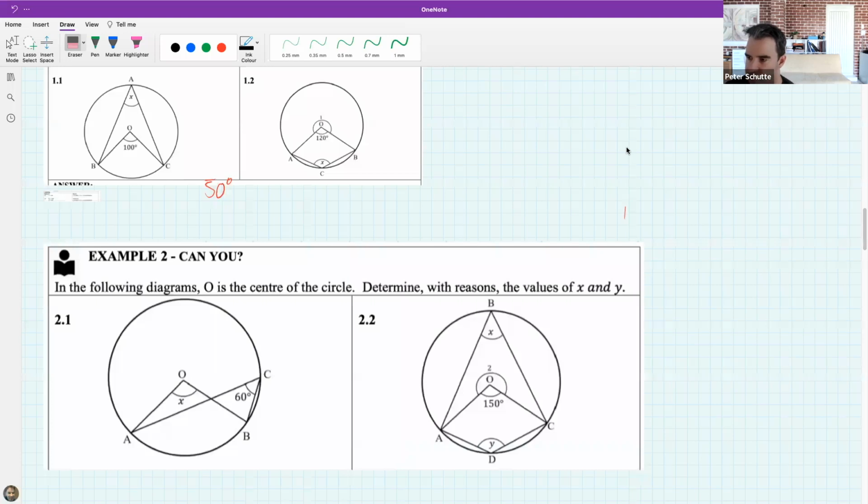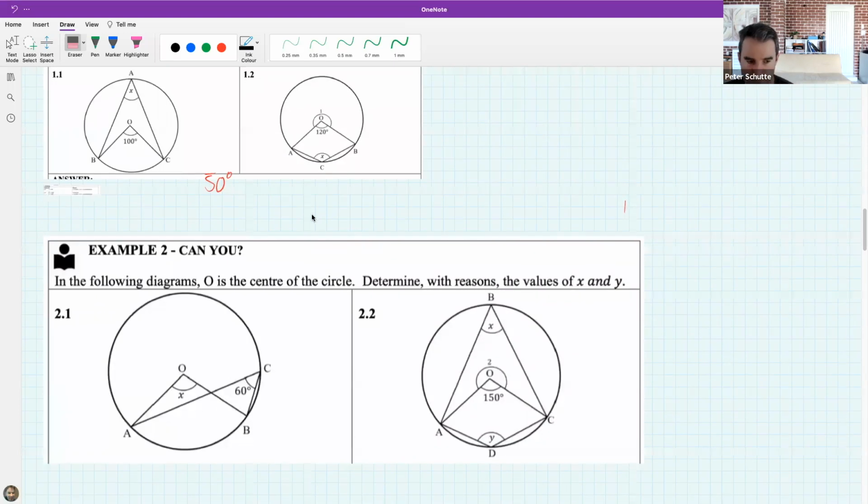So pop your answers in the chat, or actually, you know what? Someone can come online and tell me how to do 2.1 when you feel ready, but only when you feel ready. Who else is willing to share their thinking for X? Don't worry, Sylvia, that's completely fine. We're on a journey here.